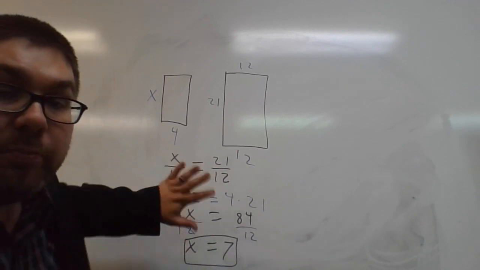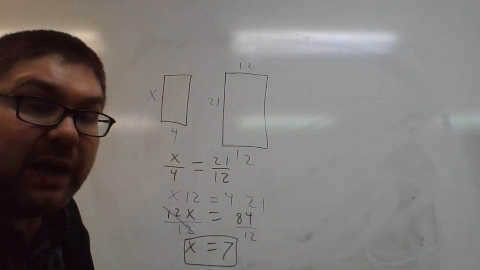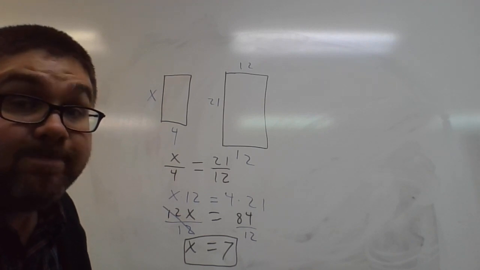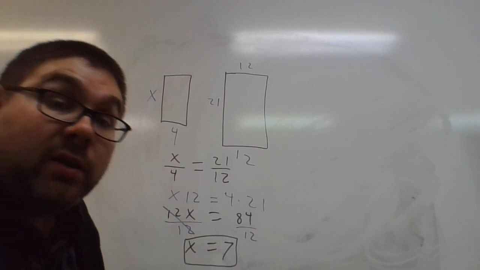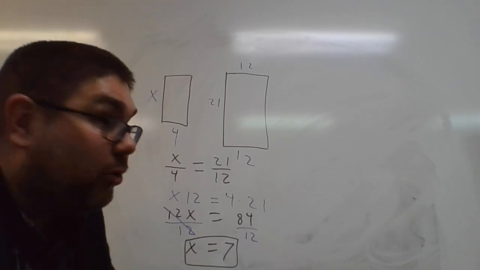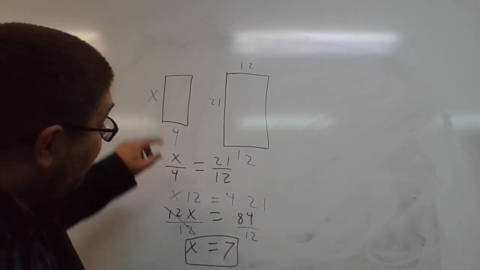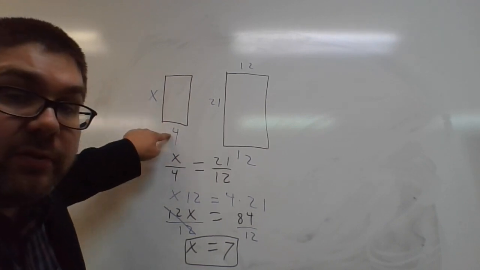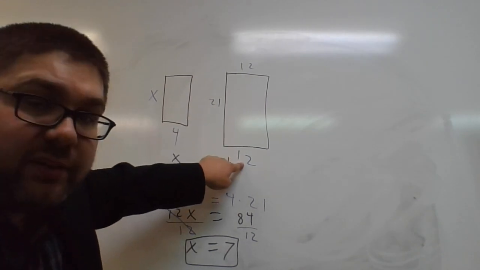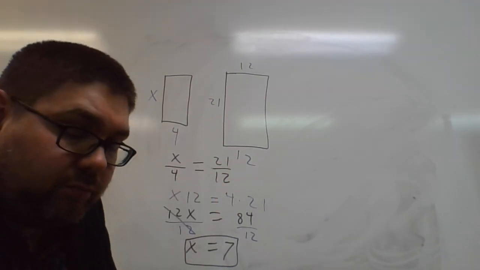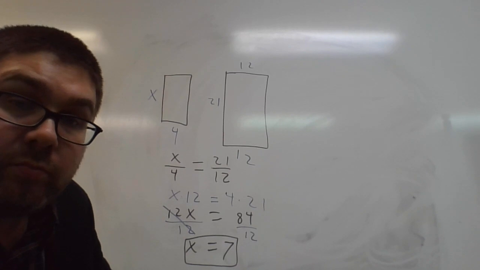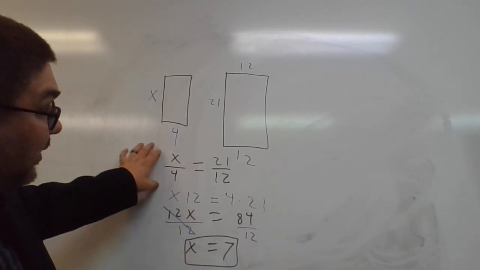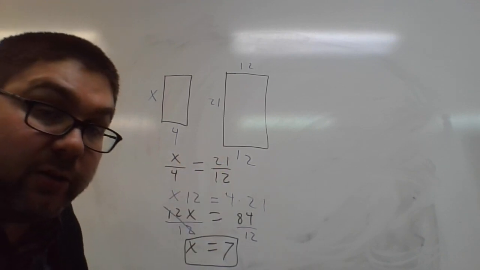I just want to point out, I think it's better to do it this way. So what you want to do: first, set up the fractions consistently. You could have put 4 over x and 12 over 21.